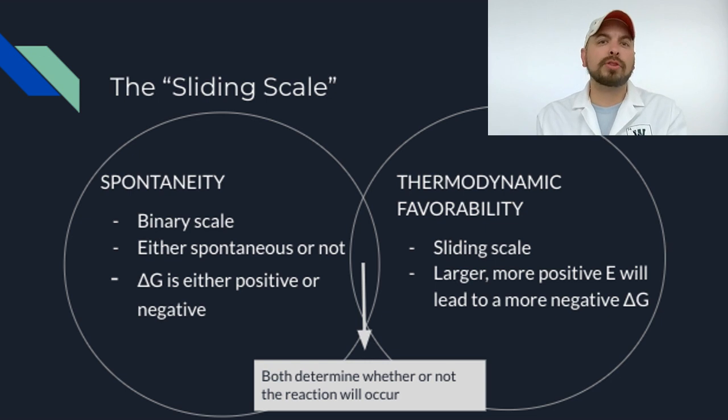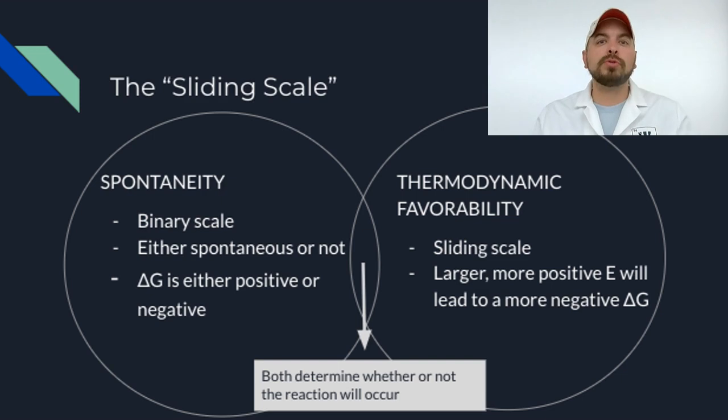When we look at the thermodynamic favorability, on the other hand, that does tell us quite a bit about the process itself, as a more positive or more negative value could be more thermodynamically favorable or less thermodynamically favorable. And so the idea here comes back to the quantitative idea of a sliding scale. Thermodynamic favorability is not a binary system.